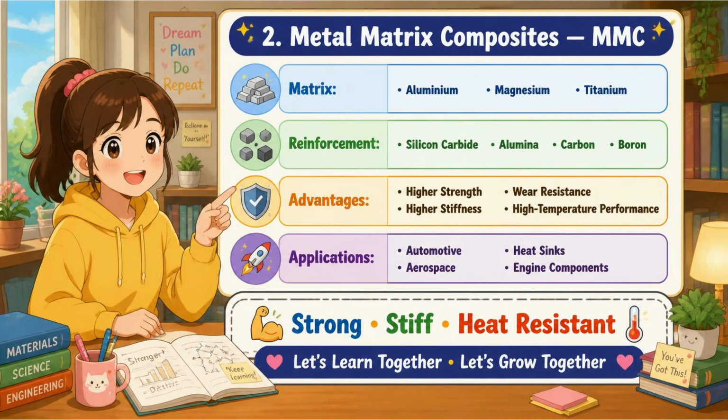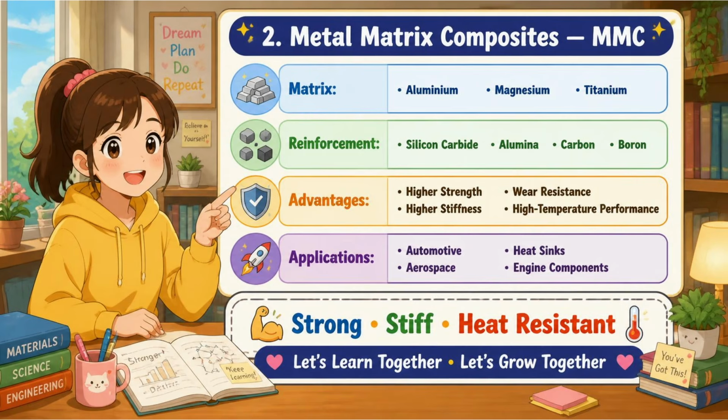MMCs can provide high strength, high stiffness, improved wear resistance, high temperature performance, and better dimensional stability. They are used in automotive components, aerospace components, engine parts, brake components, and heat sinks. For example, aluminum plus silicon carbide can provide improved stiffness and wear resistance compared with conventional aluminum in suitable applications.